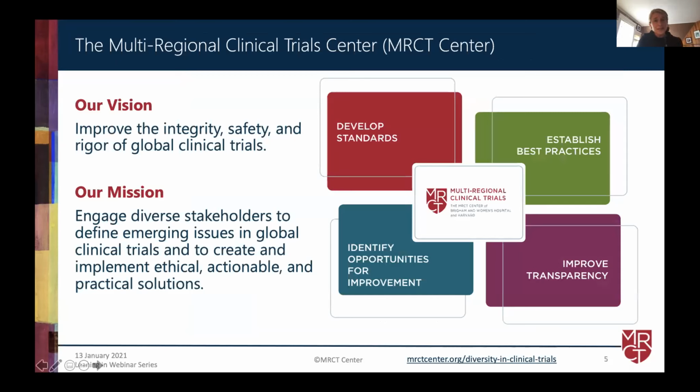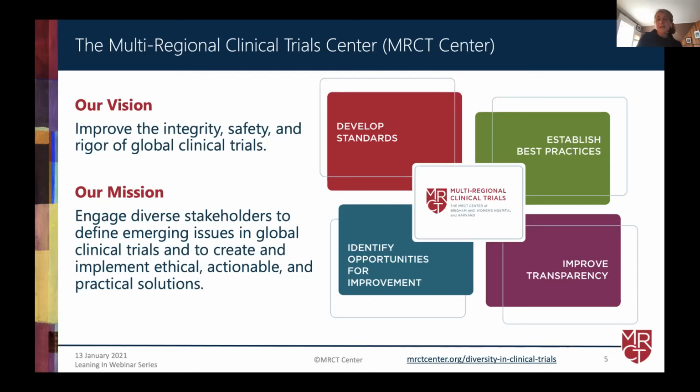As a brief introduction to the MRCT Center, we are an academic research and policy center focused on addressing and improving the integrity, safety, and rigor of global clinical trials. We do our work by engaging and convening a diverse group of stakeholders, including industry, academia, government, nonprofit, patient, and patient advocacy, to define emerging issues and create and implement ethical, actionable, and practical solutions.